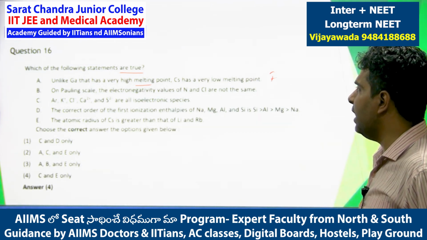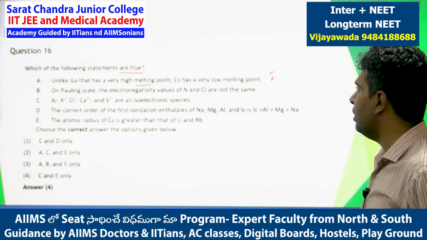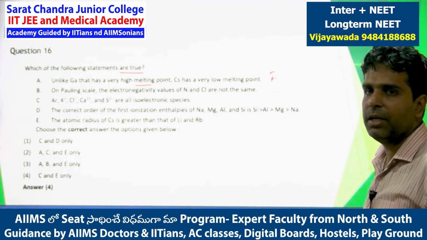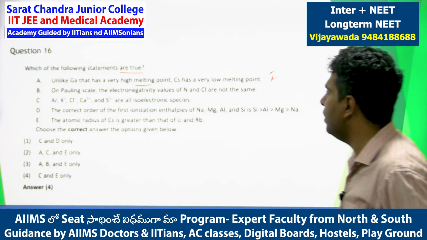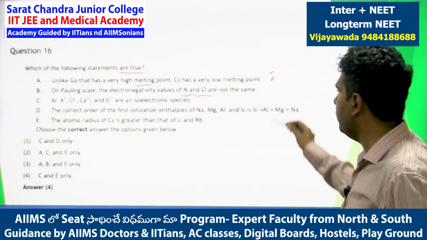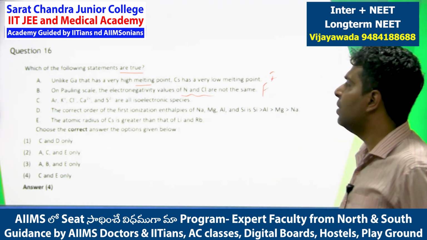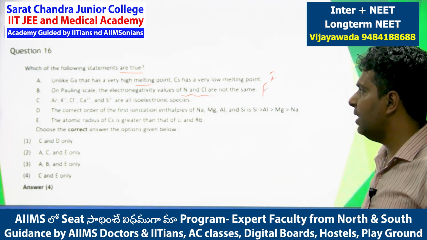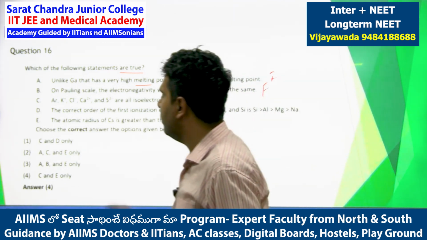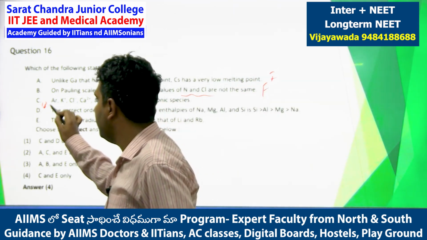Then on Pauling scale, electronegativity values of nitrogen and chlorine are not the same. So you can say the electronegativity values of nitrogen and chlorine are almost the same. So this statement also we will consider as false. Then argon, potassium chloride, calcium sulfide, isoelectronic species. Argon atomic number 18, so there are 18 electrons.